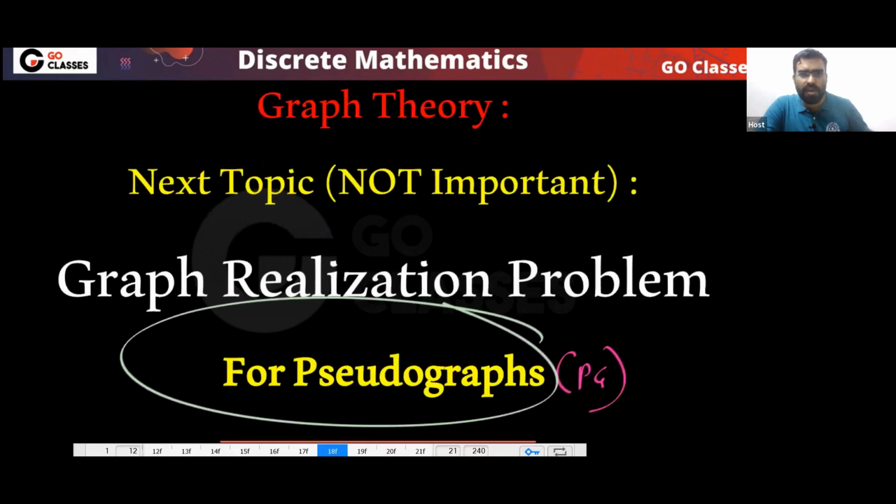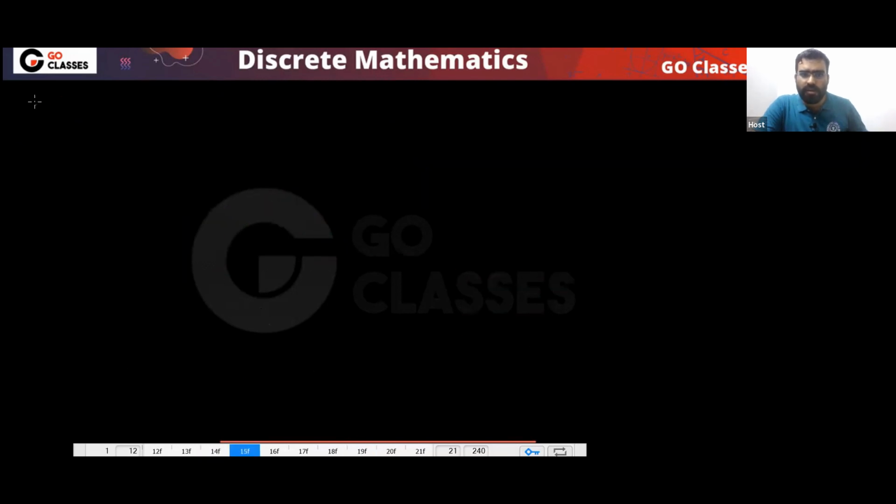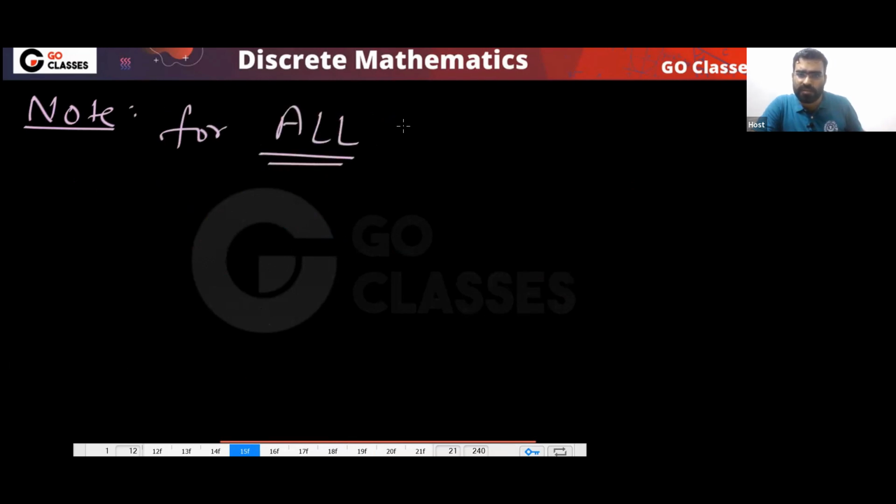This is the pseudograph. Now, what is the condition for pseudograph? If I give you some degree sequence, what is the condition? There is one condition that will always hold for all graphs, it does not matter which graph. For all undirected graphs, a few things you already know.